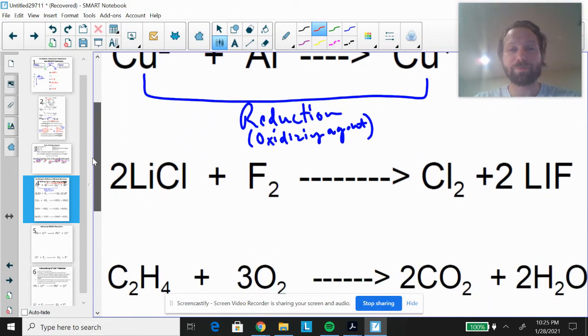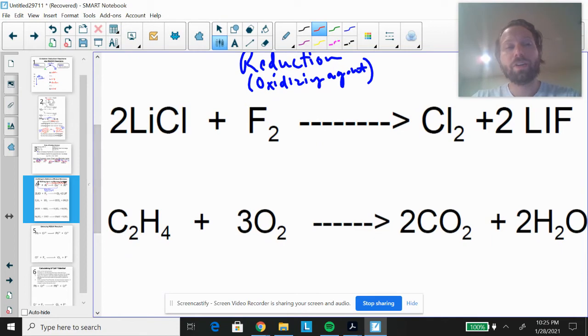Next one. 2LiCl plus F2 yields Cl2 plus 2LiF. So the first thing I want to do is look through and see if there's anything that's obvious. And right away I see that fluorine is by itself and chlorine's by itself.